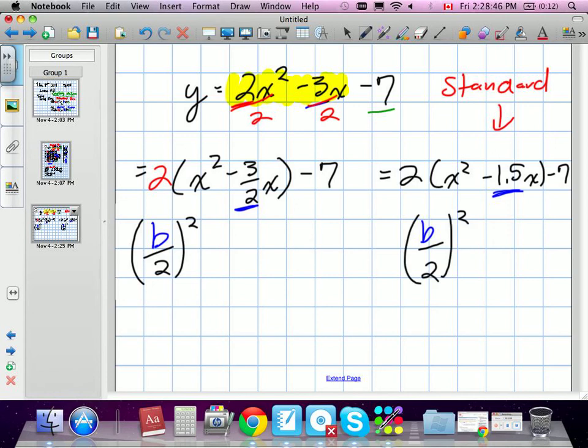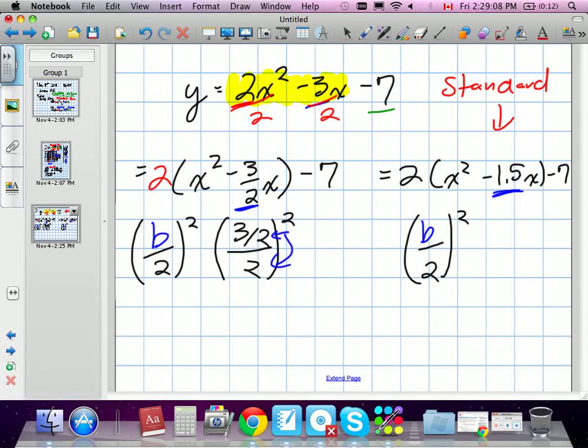Okay? So this is where we start to run into a bit of trouble with our decimals. But with our fraction, I technically have 3 over 2 divided by 2, squared. A quick way to do this is just move this 2 to the bottom of the fraction.